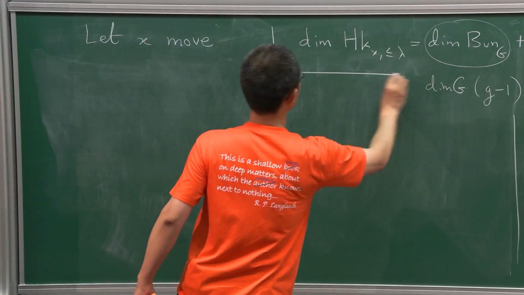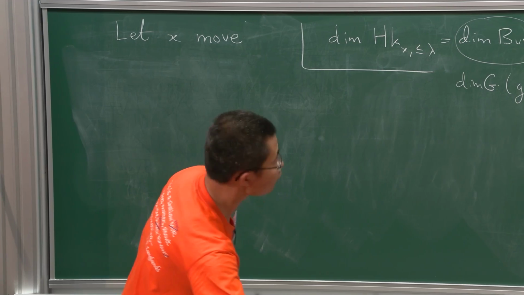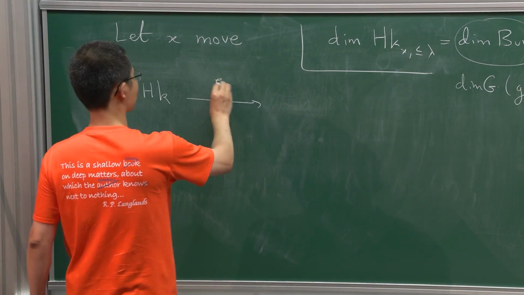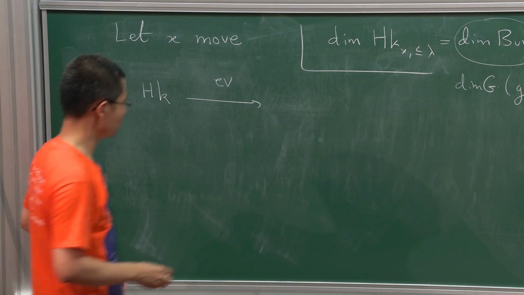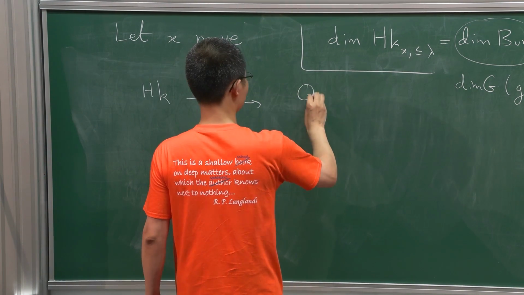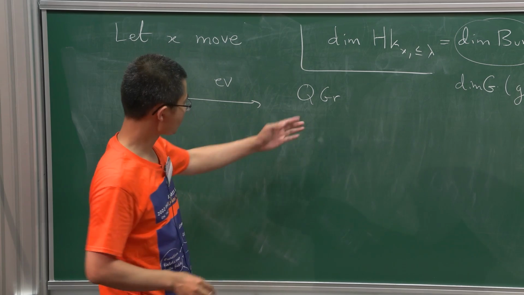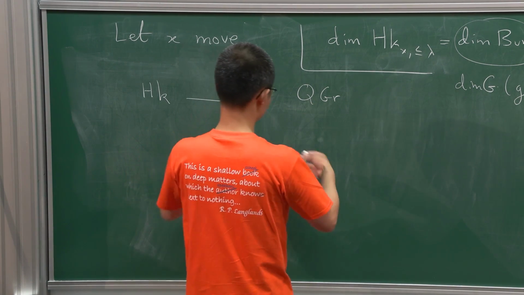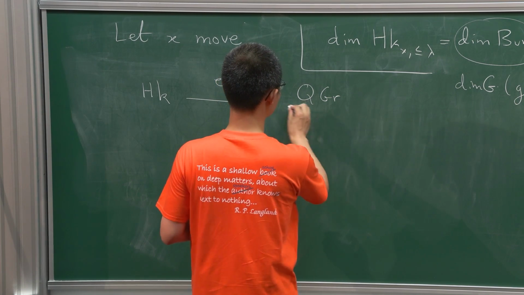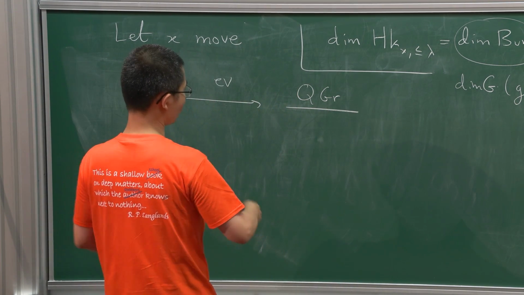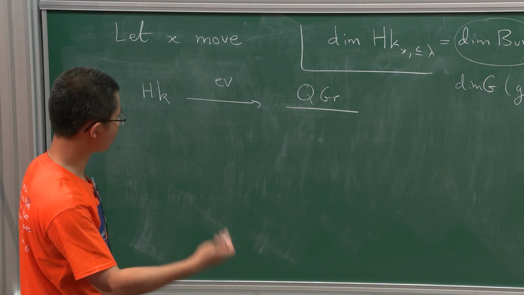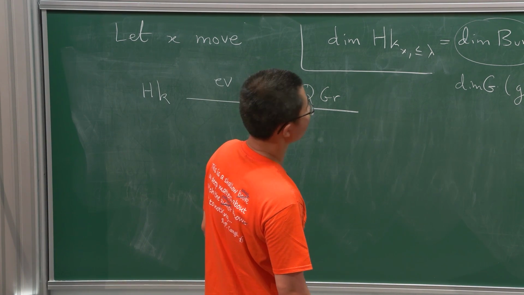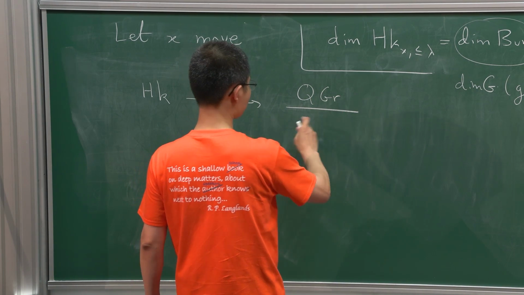So if we let x move, there's still a way to produce a kind of universal evaluation map. Now I can't say QGr_x, because x is moving. To make sense of it, you have to pass to a further quotient, to make it independent of the point.